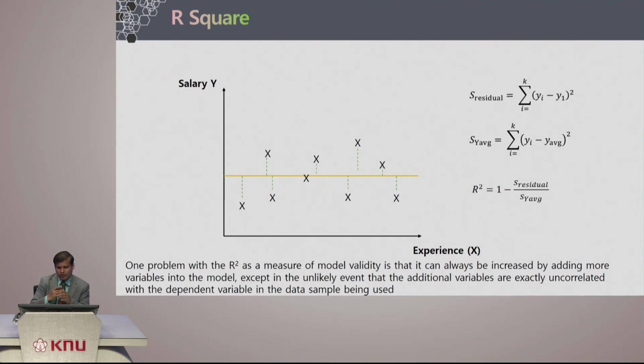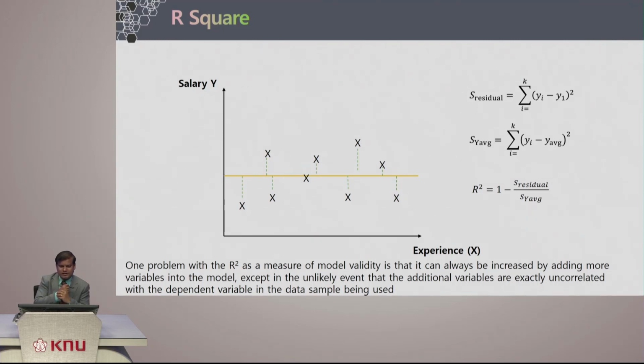Suppose now we have a line drawn from the mean value. You have taken the mean value, and from the mean value you have drawn this line with respect to y. So now this is the mean of y. For the mean of y you have drawn this line.